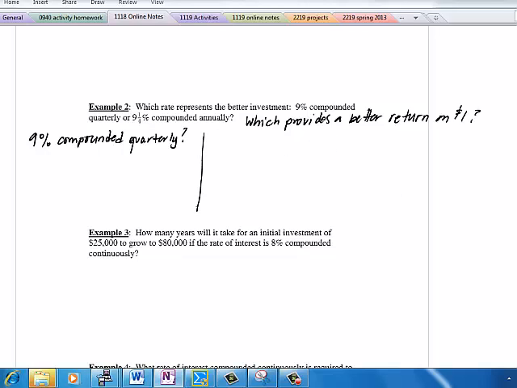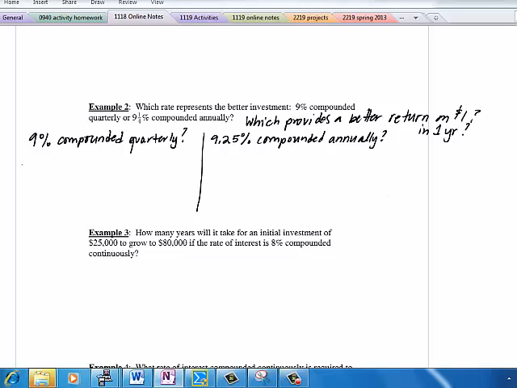I indicated that we could use $1 as our initial investment, and we can also use 1 year, because if it's a better investment over 1 year, it would be a better investment over any number of years.